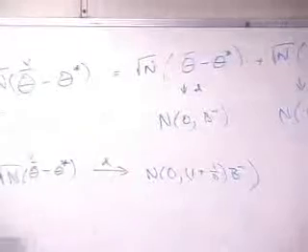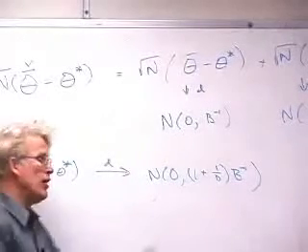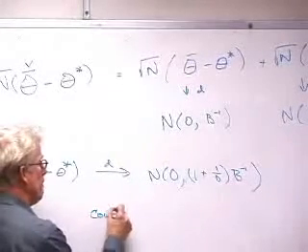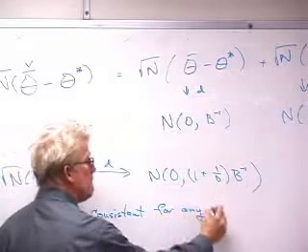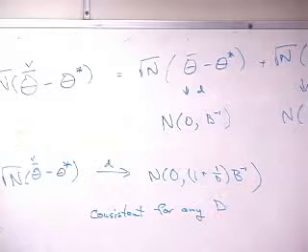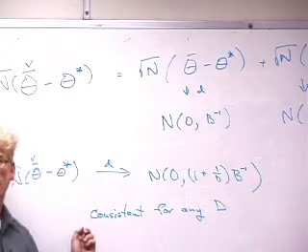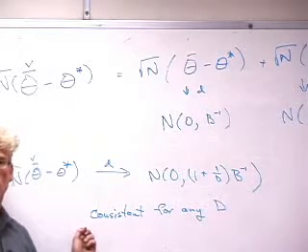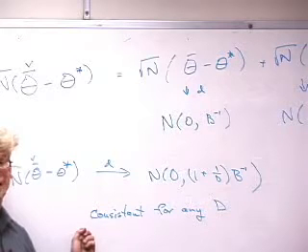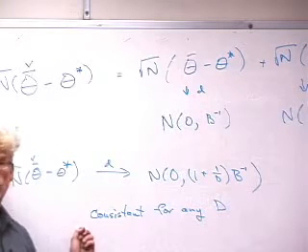Okay. So what we get is, first of all, consistent for any D. Okay. So this is better than what we have with maximum simulated likelihood. Maximum simulated likelihood, you only get consistency if the number of draws in your simulation rises with n. Here it's consistent for any number of draws.